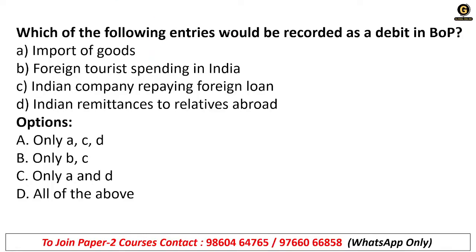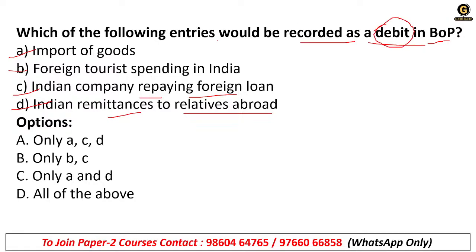Which of the following entries would be recorded as a deficit in BOP? A, import of goods; B, foreign tourist spending in India; C, Indian company repaying foreign loan; and D, Indian remittance to relatives abroad. Sorry, it's not a deficit, it is a debit.